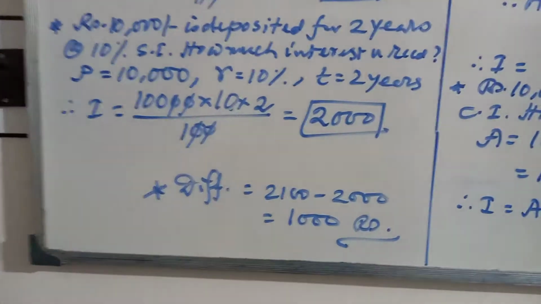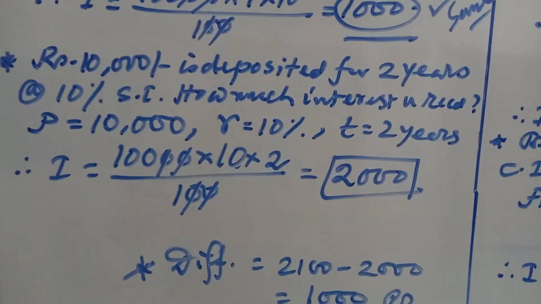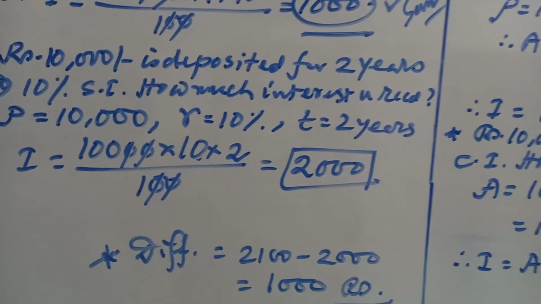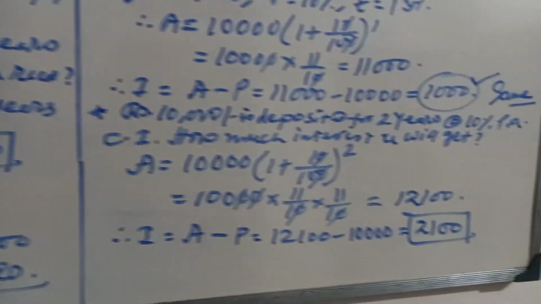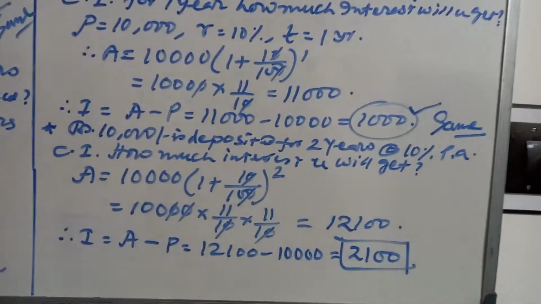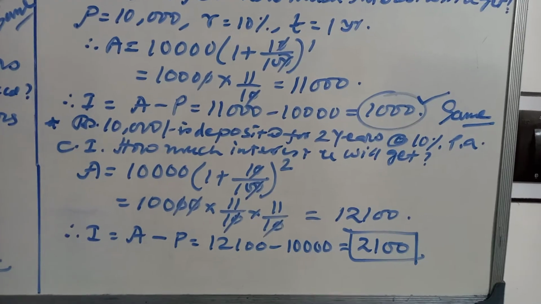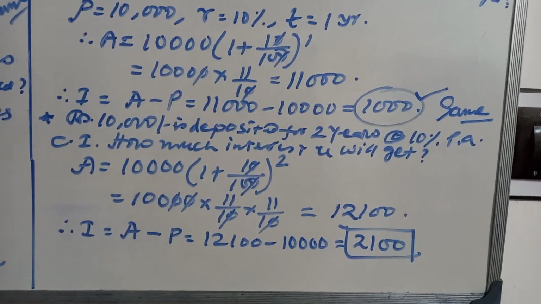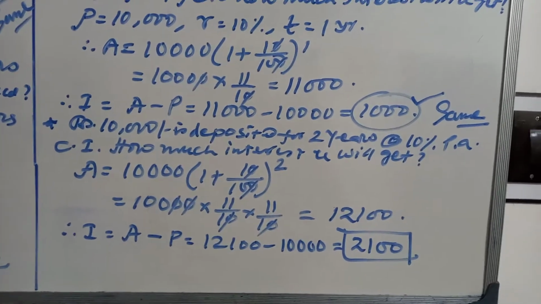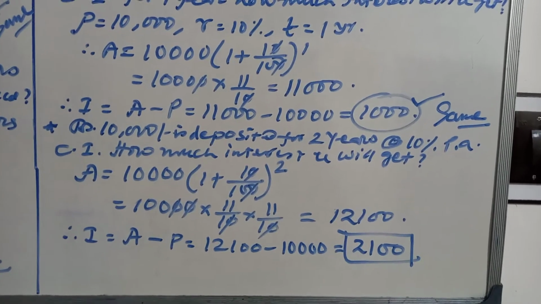But at the same time, the simple interest becomes 2,000. That means we are benefited to deposit at compound interest rather than simple interest. We are getting rupees 100 more in case of compound interest.